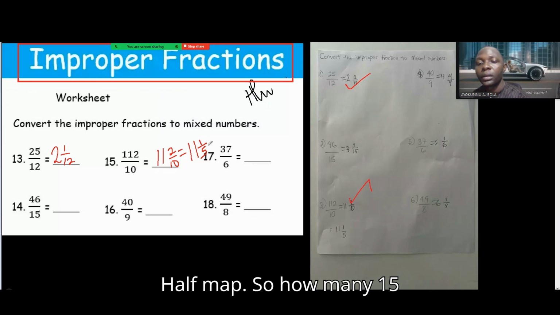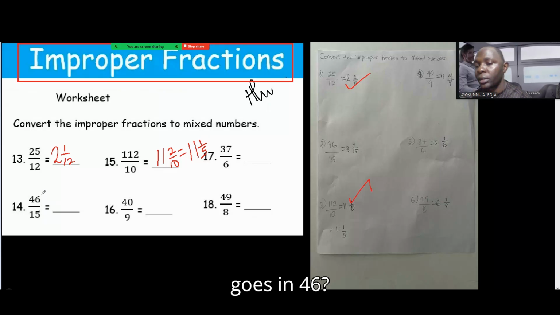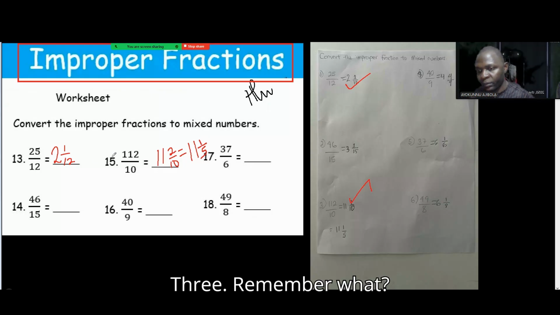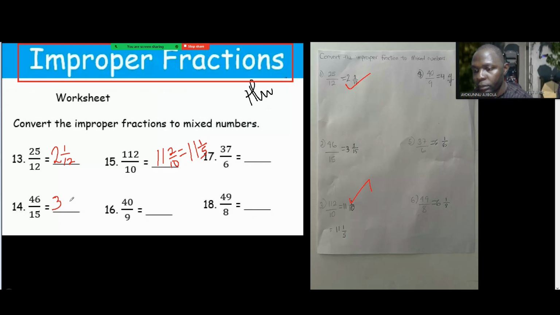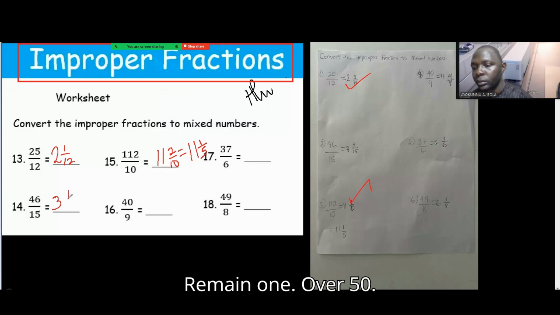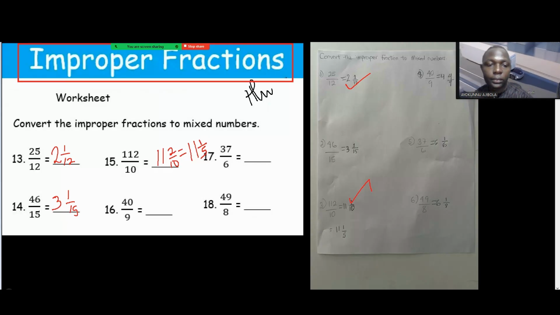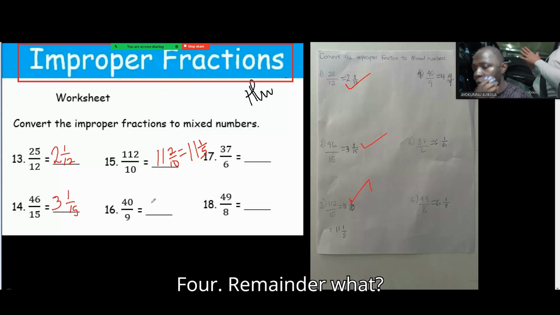So how many 15 goes in 46? 3. Remainder what? Remainder 1, over 15. How many 9 goes in 40? 4. Remainder what?